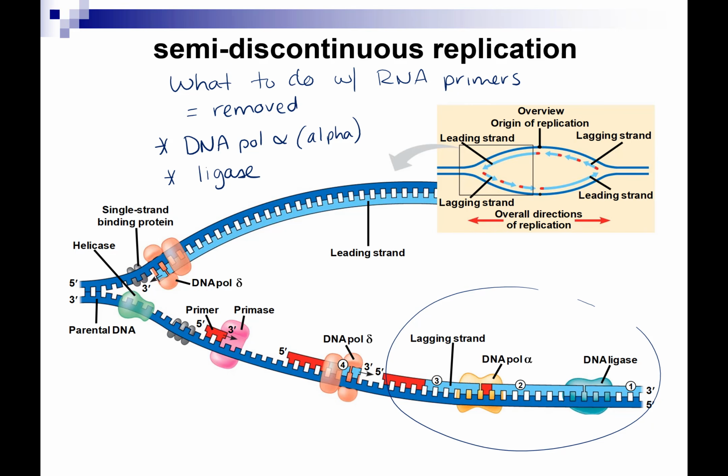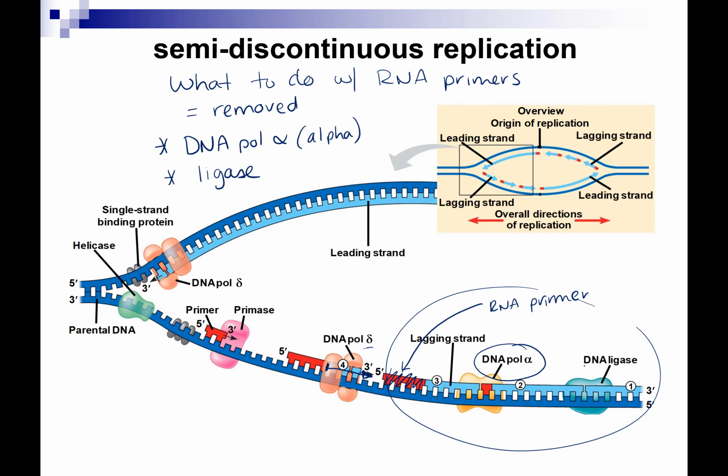You had a lagging strand, and between each lagging strand is your RNA primer. So this is showing DNA pol delta hooking onto the RNA primer and making more DNA. Once it bumps into this RNA primer, it stops. But then we eventually need to get rid of this RNA primer because we want it to be continuous DNA.